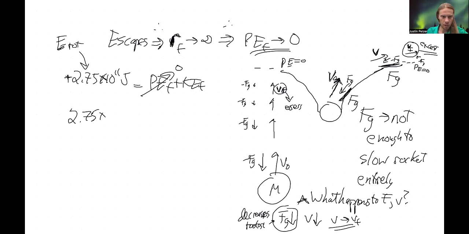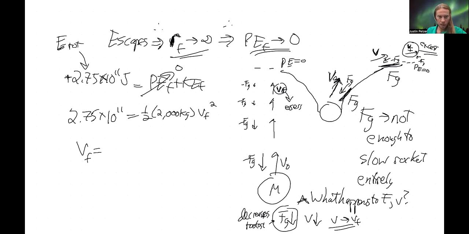So you get this equals 1/2 mv squared, 1/2 times 2,000 kilograms. Look back at your information. Always have it where your eyes look at m equals 2,000. Times v final squared. And of course, this is as it's approaching infinity, so this is a limit. It's approaching this number asymptotically. It's the excess. And we end up getting V final is, I just calculated it, 16,587 meters per second.